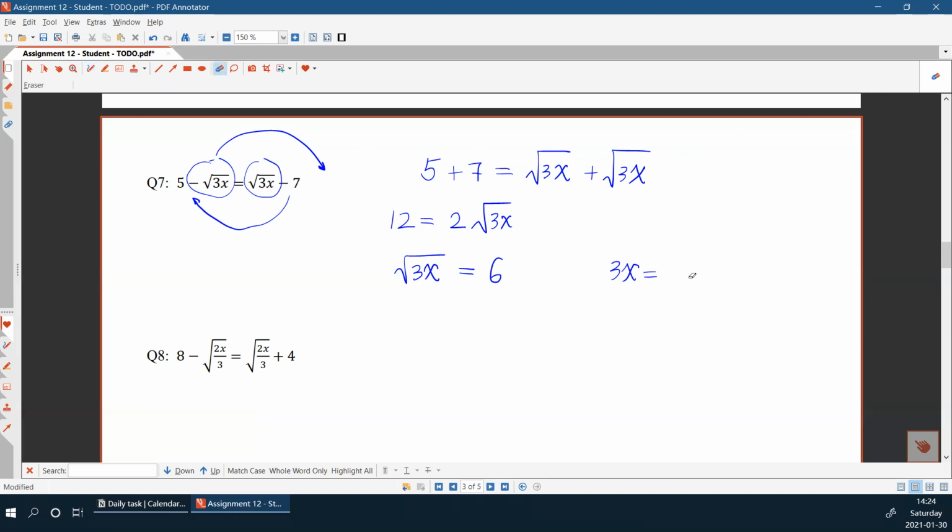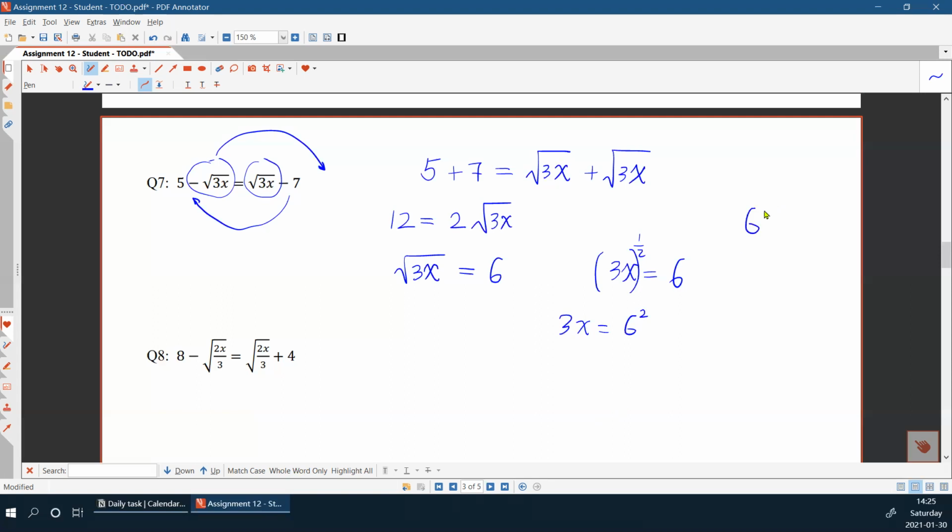Or you can think of it this way. The square root is actually 3x raised to the 1 over 2 power, right? If you have this equals 6, that means 3x is 6 raised to the second power, right?